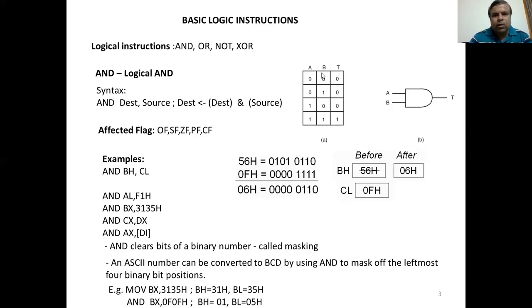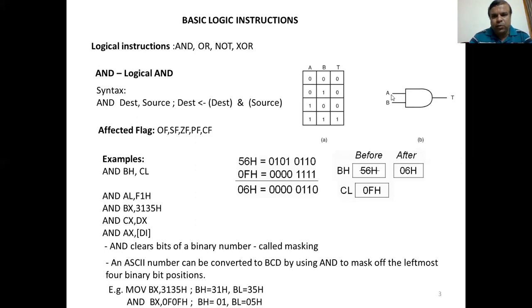Look at the truth table here and the 2 input AND gate here. The result of each bit forms a truth table of 2 input AND gate.